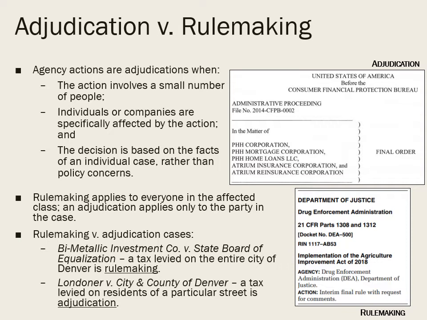So rulemaking is concerned with broad policy, adjudications are concerned with the facts of a specific case and how to apply the law to those facts. So, for example, if the city of Denver levies a tax on all residents, that's a policy, it's a rulemaking. But a tax that is levied only on a few residents of a specific street in Denver is an adjudication.